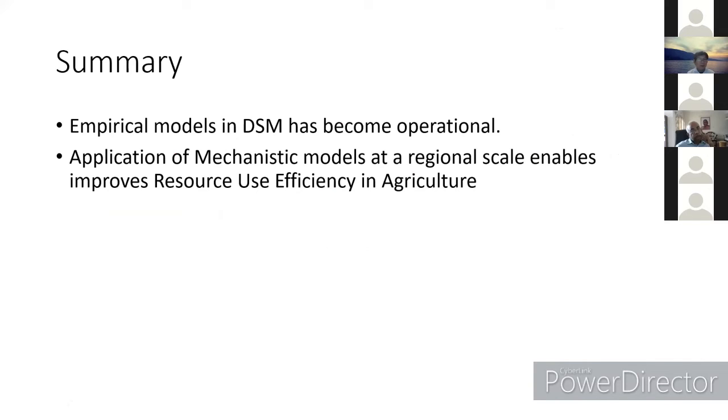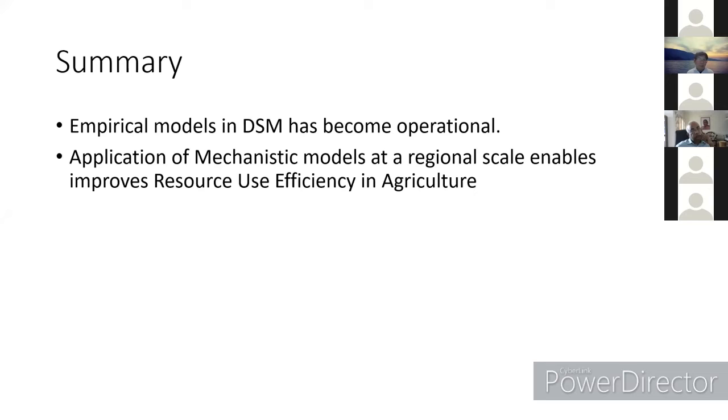So as a summary, empirical models in digital soil mapping have become operational. So most people can do it, empirical models. We can run predictions of clay, silt, sand, and then you can take it further. You can apply pedotransfer functions, and you can predict water retention curve parameters in different areas. You can spatialize it.